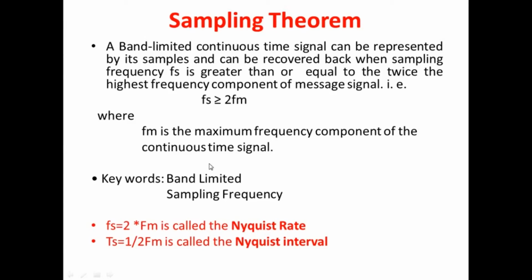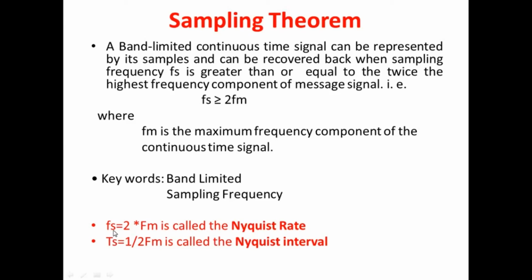The important terms we have to keep in mind are Nyquist rate and Nyquist interval. Here the sampling frequency Fs should be equal to twice the maximum frequency at least. This condition we call the Nyquist rate, and the reciprocal of this frequency is the sampling interval Ts. It is equal to 1 by 2 times the maximum frequency, and we call this the Nyquist interval.